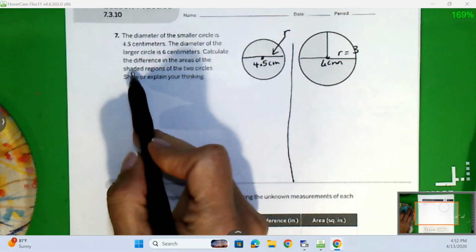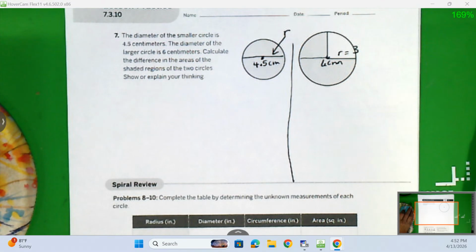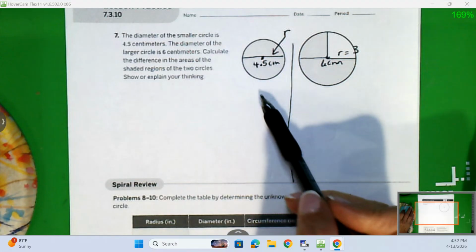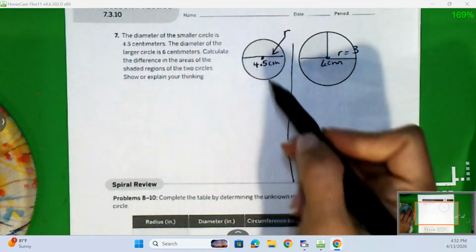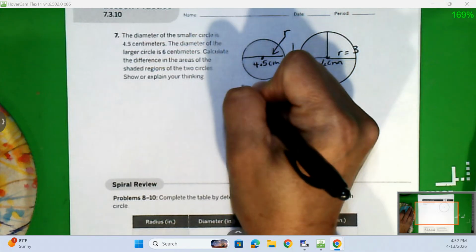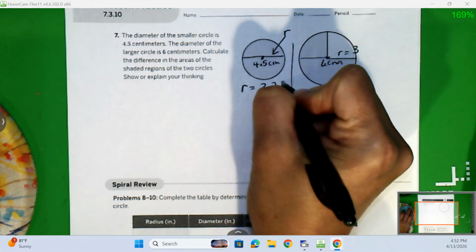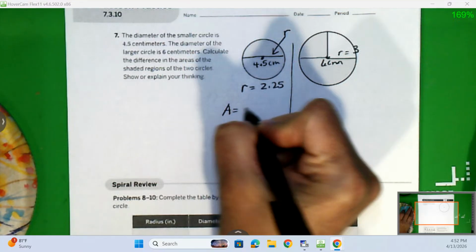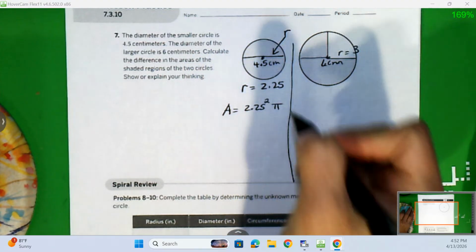Calculate the difference in the areas of the two shaded regions of the two circles. Show or explain your thinking. So we're going to have to get the area of each of these and then take their difference. The radius here, 4.5, half of that is 2.25. So the area is going to be 2.25 squared pi.